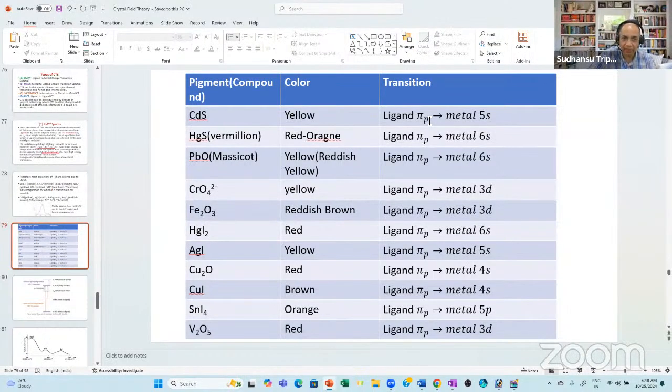What I say pi is the pi bonding in the concept of ligand field theory. They are already engaged in pi bonding, so we do not know how the non-bonding electron is really engaged in pi bonding with the metal ion, unless we know about ligand field theory. That is why I am using the term pi sigma, not non-bonding here, because they are engaged.